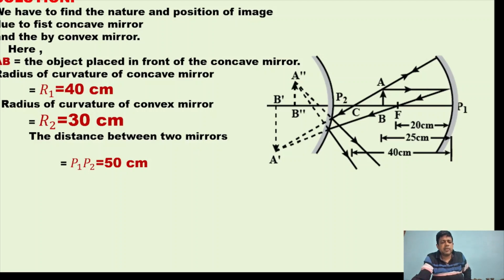Here AB is the object. This is the concave mirror, and this is the convex mirror, and the distance between the two mirrors is 50 centimeters, right?